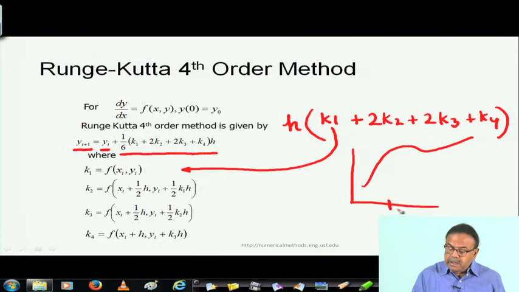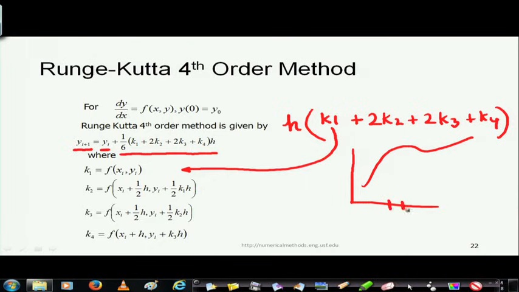So, x_i was here, x_i plus half h, whatever was my h, I am taking half of h, and what is the y part of this function? y_i plus half of k1 h. Because k1 was the function that was giving a y for an x, I am taking this.